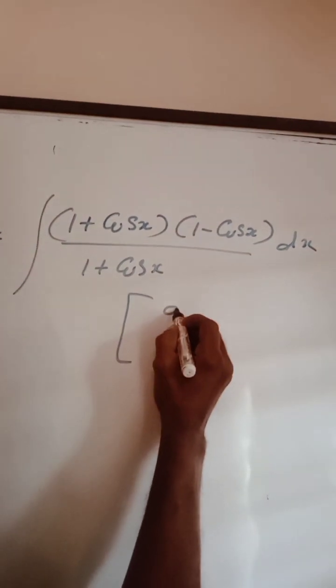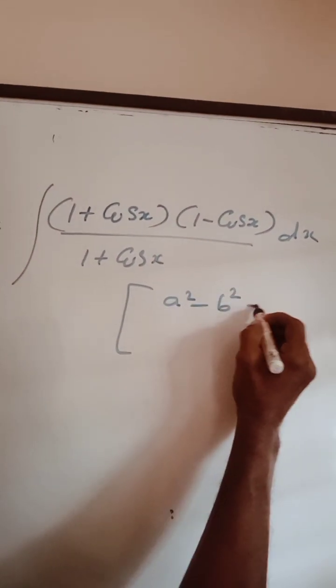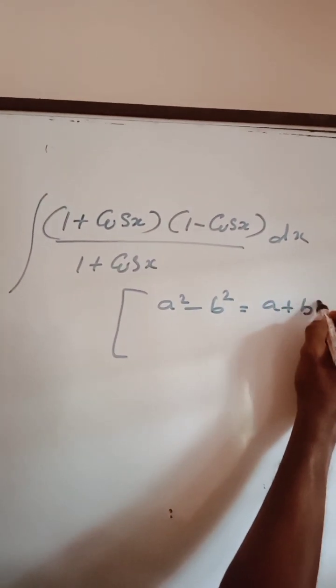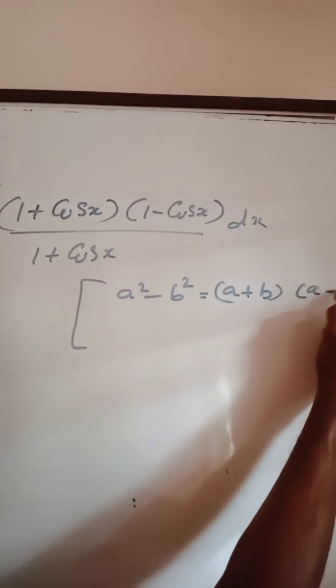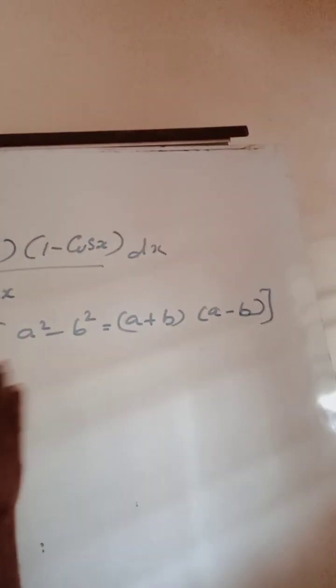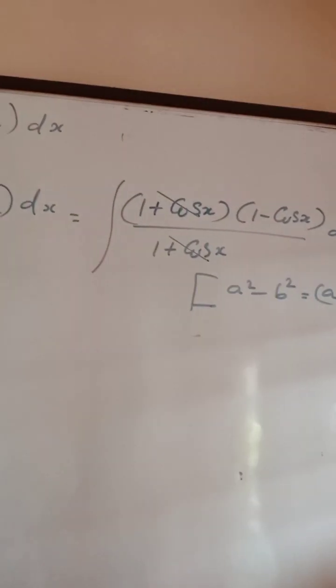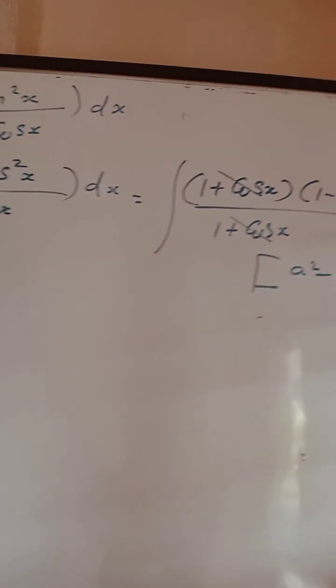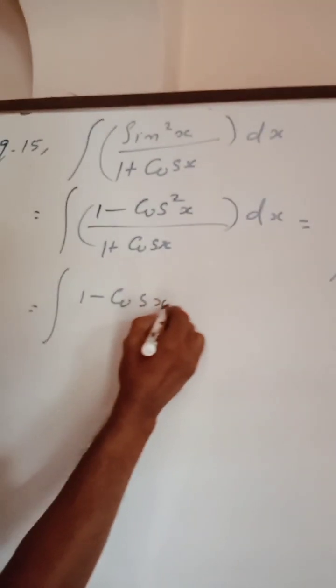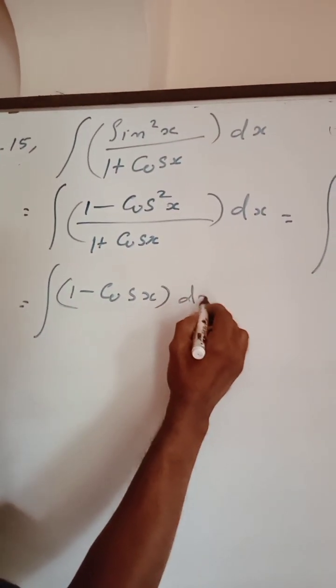This is a squared minus b squared is equal to a plus b into a minus b. Then 1 plus cos x cancels with 1 plus cos x. Therefore, the integration of 1 minus cos x dx.